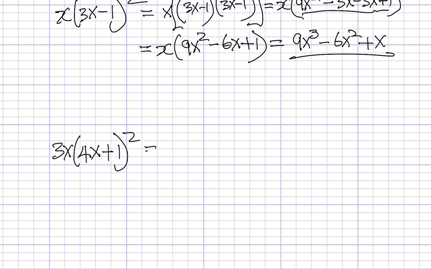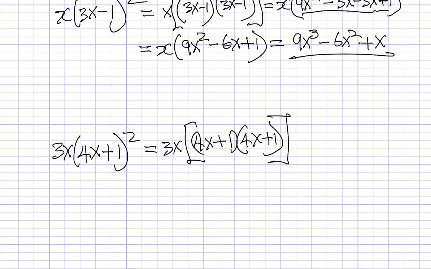So you go like this: leave 3x outside and deal with the bracket. 4x plus 1 times 4x plus 1. You see that, right? Keep 3x out. You say 4x times 4x, you get 16x squared.